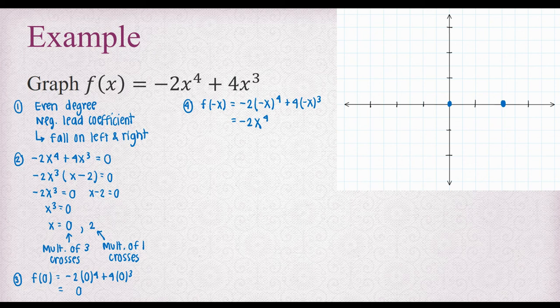When we take a negative number and raise it to an odd exponent, it's going to turn negative. So 4 times negative 1 is negative 4x cubed. Now, because the first number of negative 2 didn't change, but the second number of 4 did, because they both didn't change signs, there is no symmetry here.